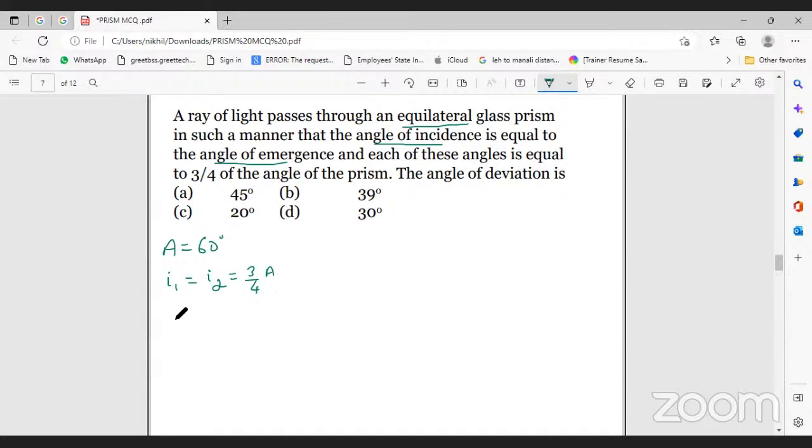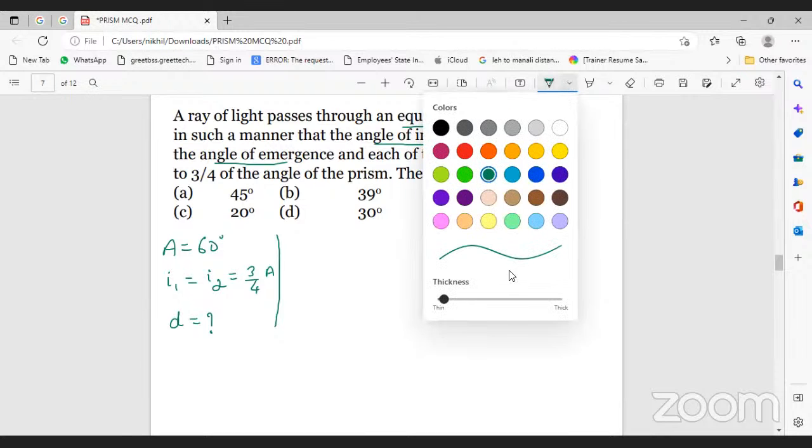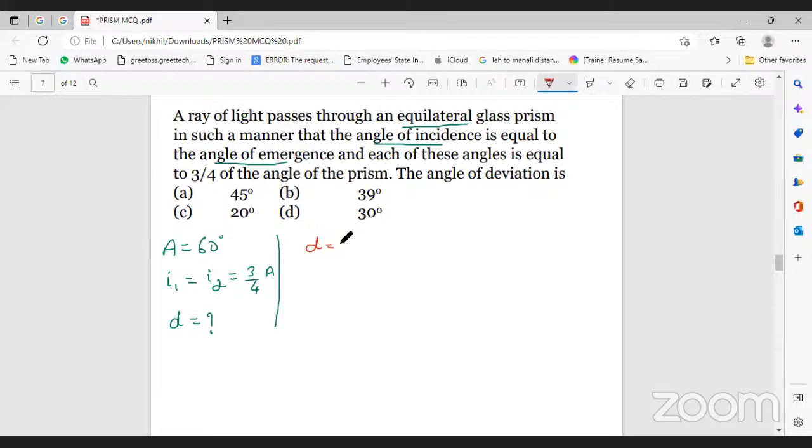They're asking you to find the angle of deviation. Can you tell me the formula for the angle of deviation? I1 plus I2 minus R1 minus R2... it is I1 plus I2 minus A. I1 can be taken as 3 by 4A.